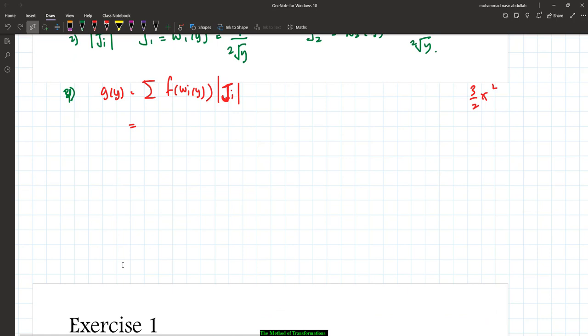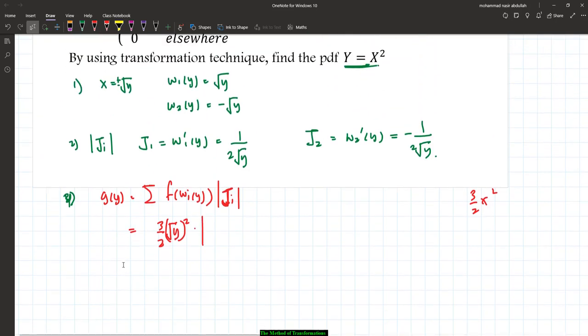So the first one is 3 over 2 square root of y to the power of 2, multiply with the absolute of 1 over 2 square root of y, right, plus 3 over 2 negative square root of y squared. Oh, salah. This is 1 over 2 square root of y. Right? So this one multiply with negative 1 over 2 square root of y.